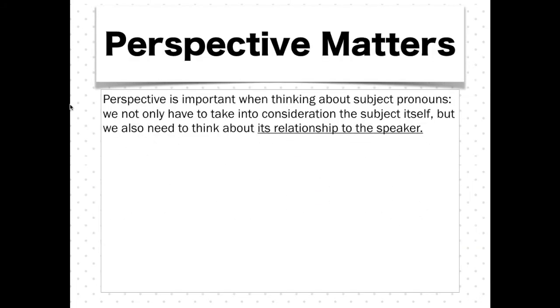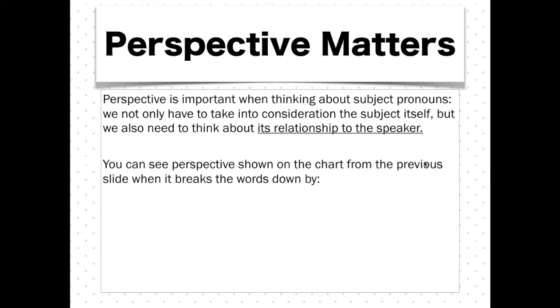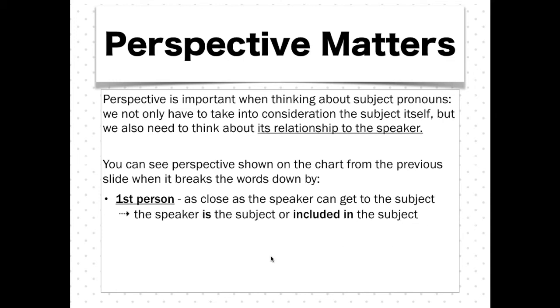So as we kind of have already seen, the perspective is important when we're thinking about subject pronouns. We not only have to take into consideration who is doing what, but we also have to think about its relationship to the speaker. And you can kind of see the perspective on the chart from the previous slide when it breaks it down by first person, which is, for example, the subject is as close to the speaker as possible.